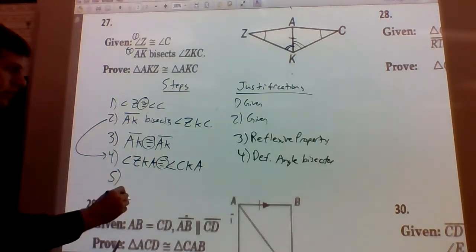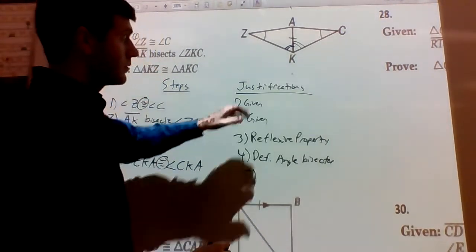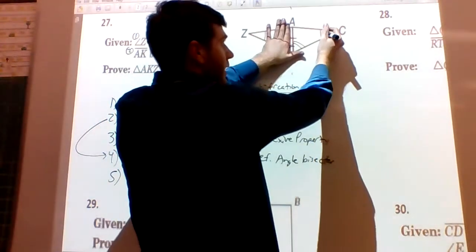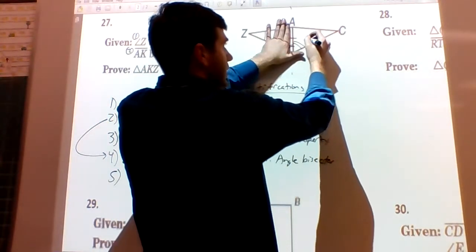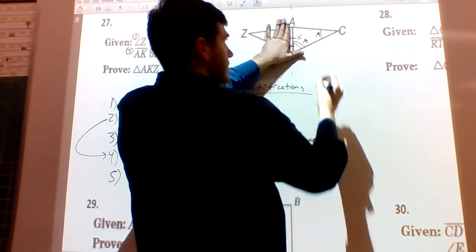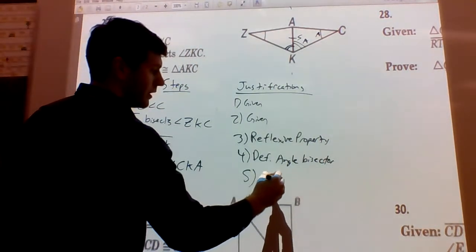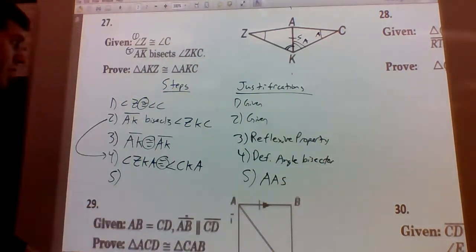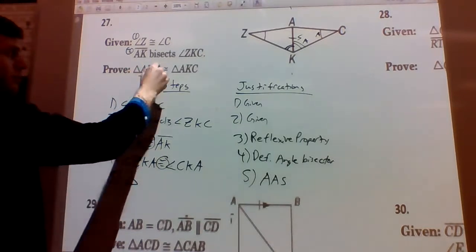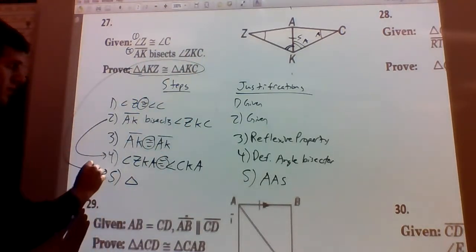So let's cover up one of our triangles. Angle, side, that's an angle. Angle, side, that's an angle. Angle, side, that's a side. So by angle, angle, side, we know that triangle AKZ is congruent to triangle AKC, which is what we're trying to prove.